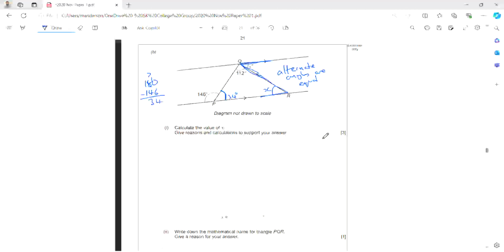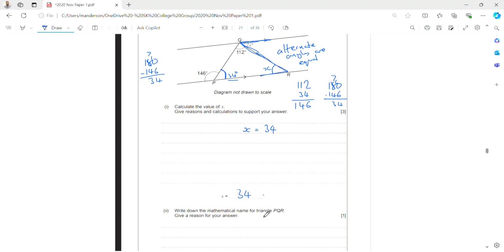Angles in a triangle add up to 180. So if I add up the two angles I know, 2 add 4 is 6, 1 add 3 is 4, and bring the 1 down, I get 146. And 180 minus the 146, 10 take away 6 is 4, 7 take away 4 is 3, so 34. So x equals 34, which is interesting because that was also 34.